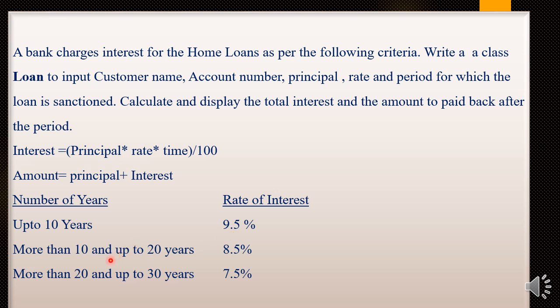And more than 10 years and up to 20 years, the rate of interest is 8.5%. And if the number of years is more than 20 and up to 30 years, the rate of interest is 7.5. So this is the program task, and we have to develop a program with the class name loan for the given question.